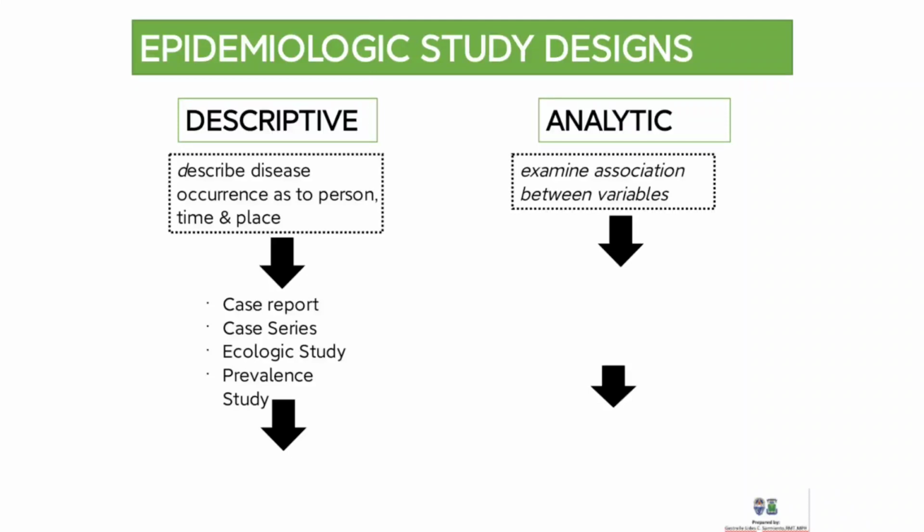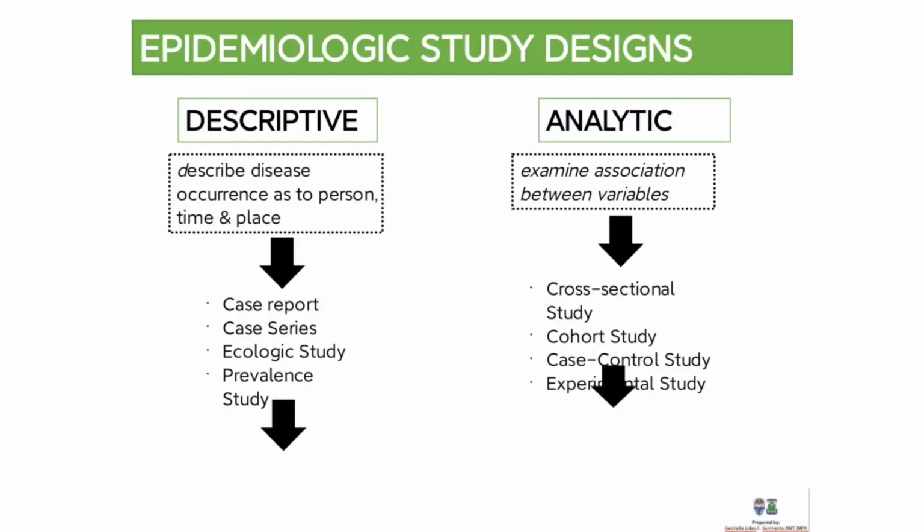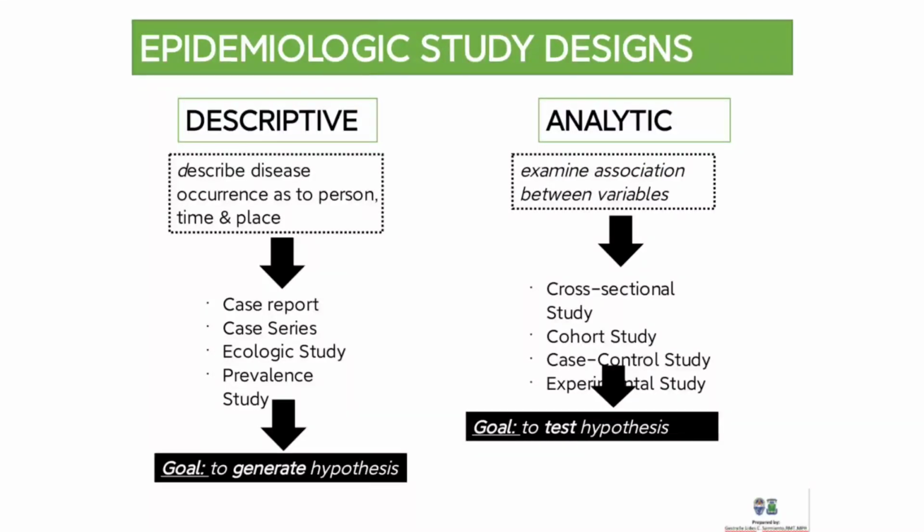So, the descriptive, meron tayong case report, case series, ecologic study, as well as yung prevalence study or the cross-sectional study design. On the other hand, sa analytic, we have the cross-sectional study, cohort, case control study, and experimental study. Ang goal of descriptive is to generate hypothesis. Analytic naman is to test hypothesis.